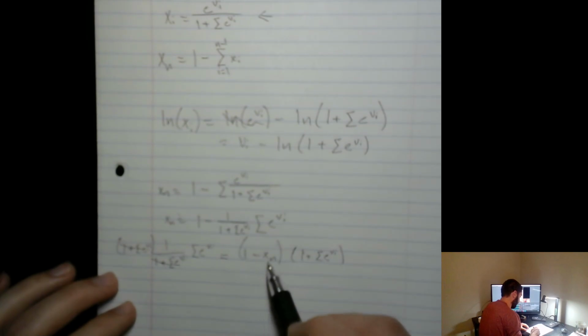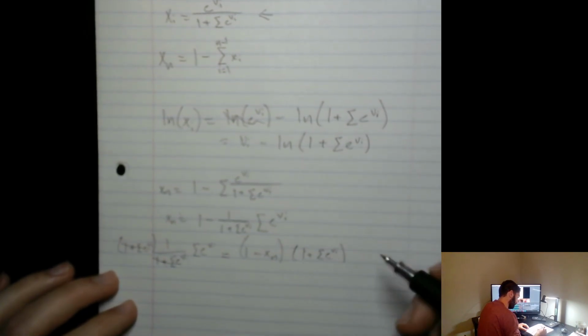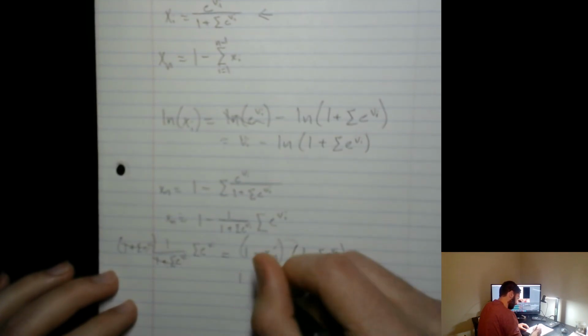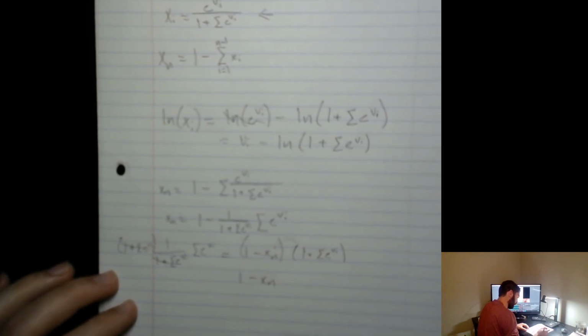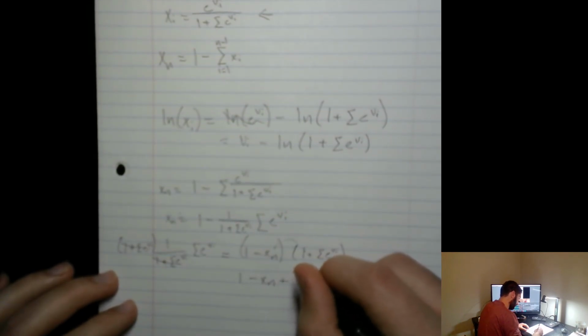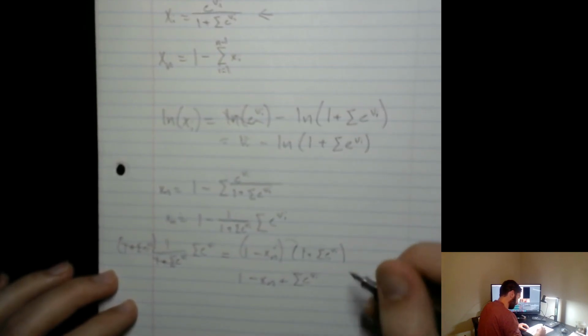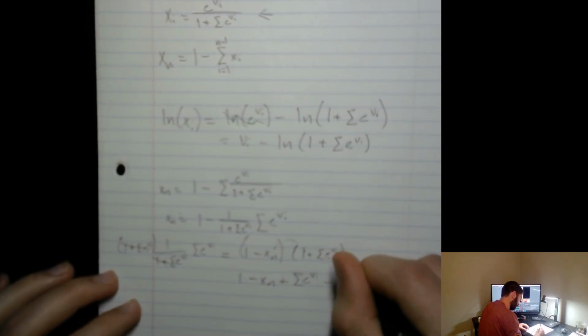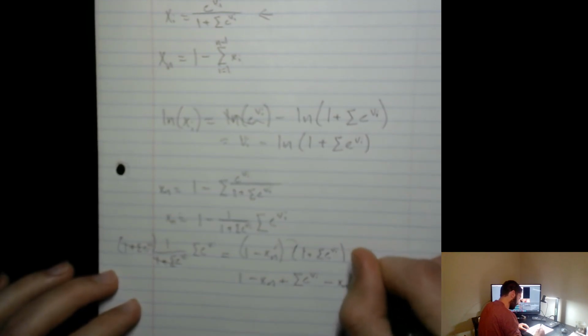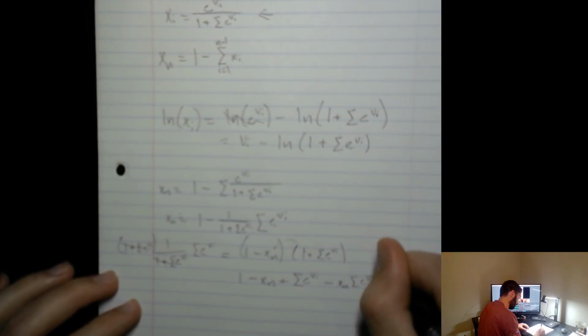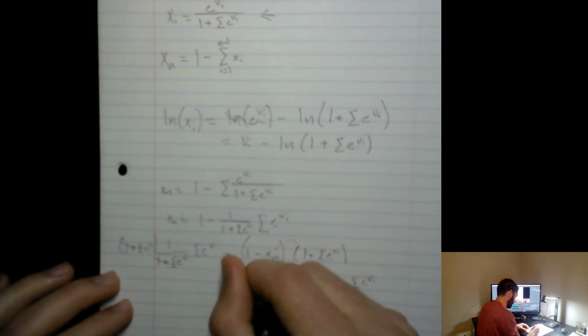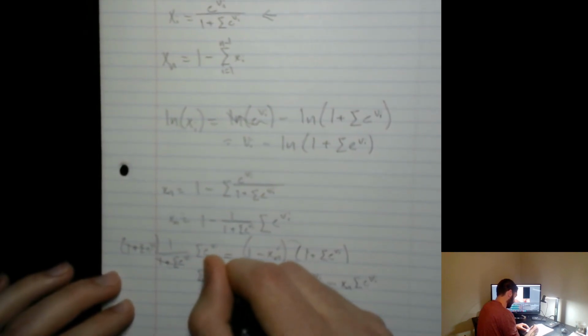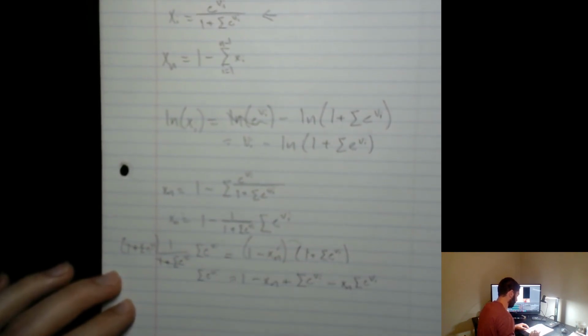Now if we multiply out the right side, we have 1 minus xn plus the summation e to the vi minus xn times the summation of e to the vi. And that is all equal to our only term left over on the other side, which is the summation of e to the vi.